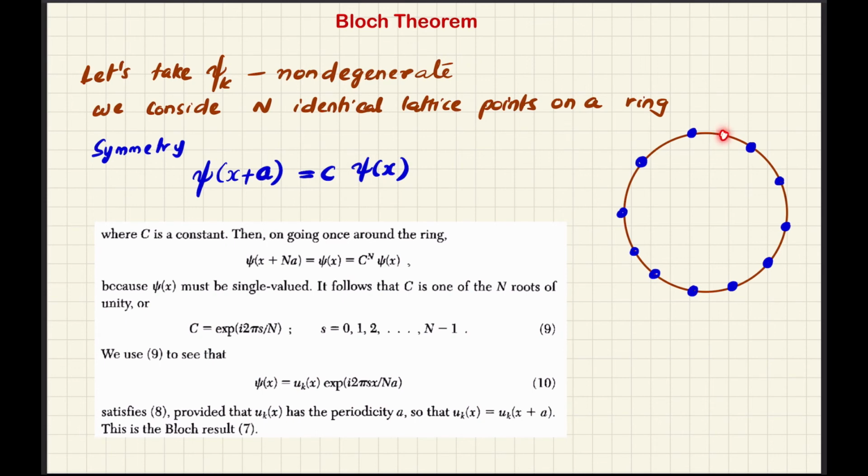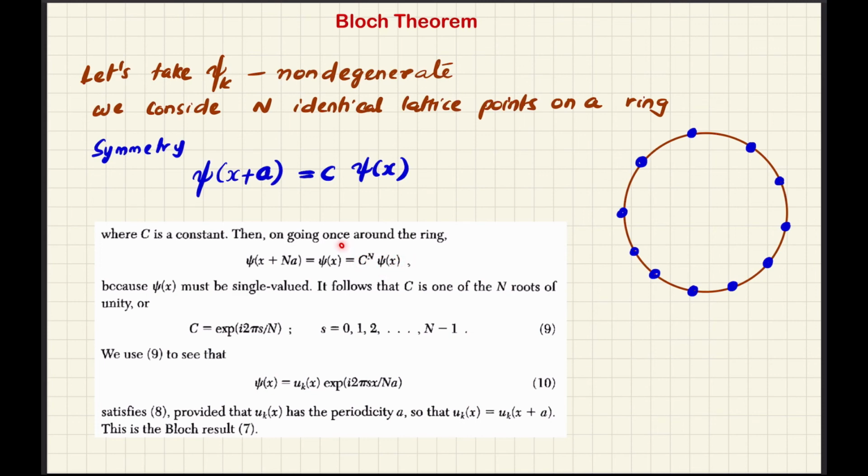So, the wave functions at these points are related by a complex number c. If you displace the wave function N times the lattice parameter, then you will get the same wave function, and this is just c raised to N times psi of x.